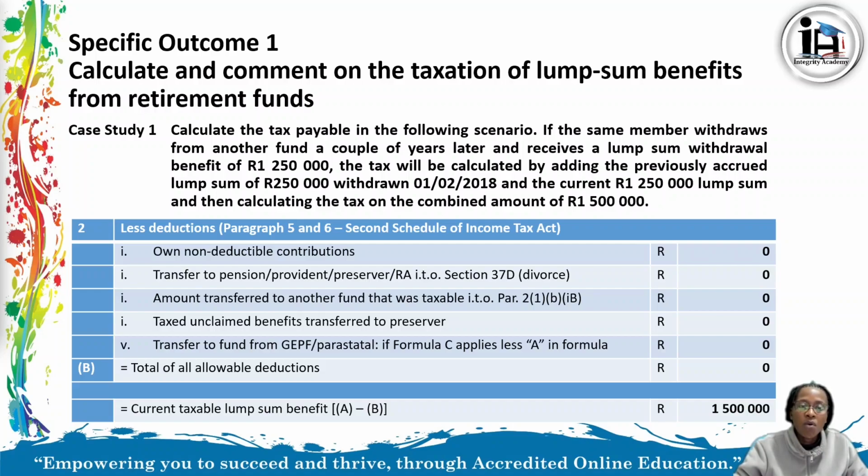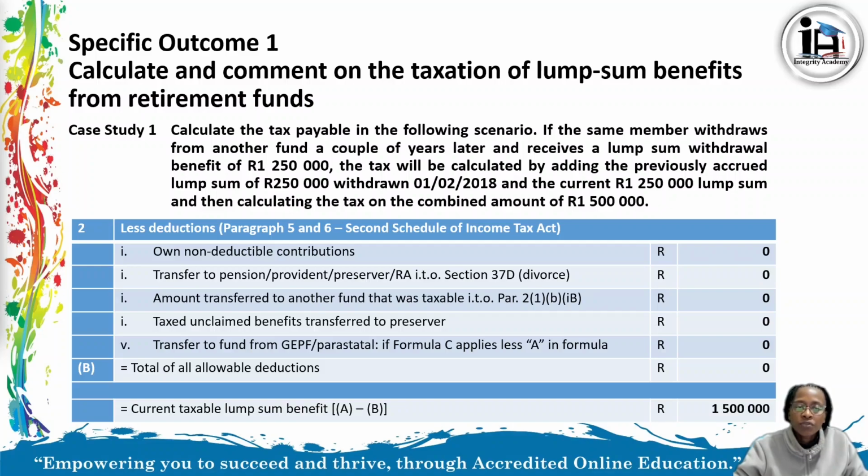And these deductions are own non-deductible contributions, which we don't have in our case, and transfer to pension, provident or preserver or retirement annuity, and section 37D for divorce, which we don't have, an amount transferred to another fund that was taxable, we don't have in our example, taxed and claimed benefits transferred to preserver, we also don't have any figure for it, and transfer to fund from GAP or parastatal, if formula C applies, less A in formula, we don't have that amount.